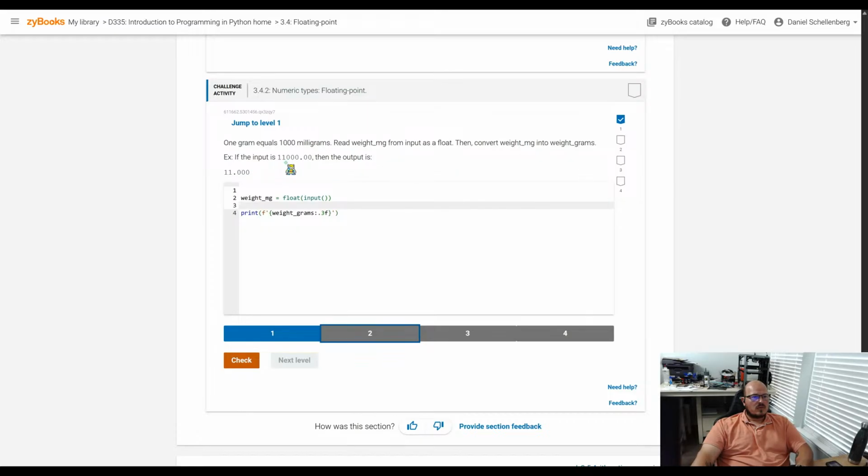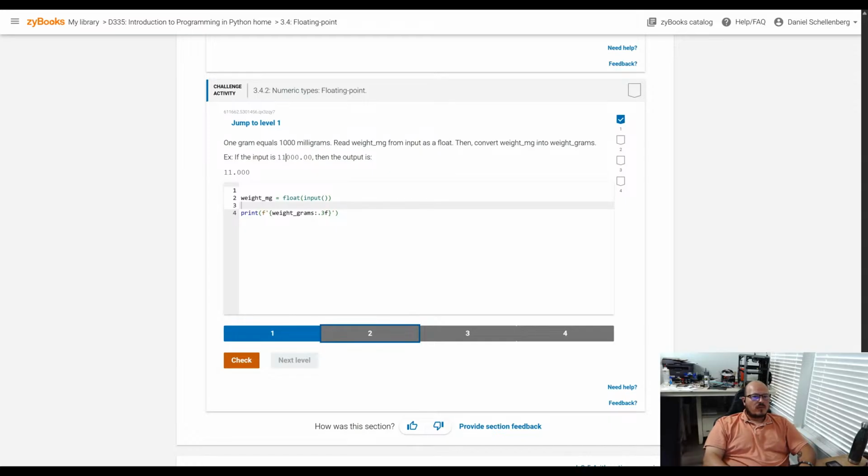If the input is... So is it moving the decimal point 1, 2, 3? It's moving the decimal point over 3, right? I'm trying to think.